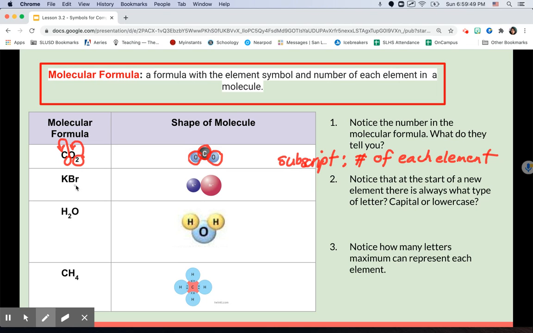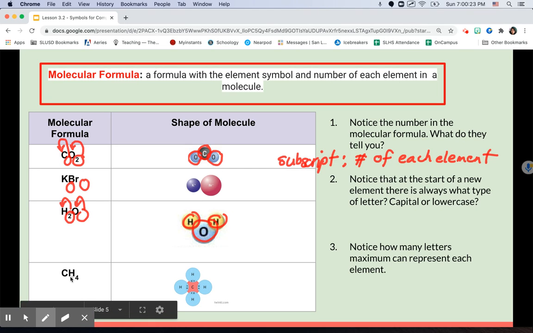So notice that this formula says KBr, so there's no number next to each element's symbol. So therefore, I only have 1 K and 1 Br. Right here, I have 2 next to the H and no number next to O. So that should mean I have 2 hydrogens and 1 oxygen shown here.